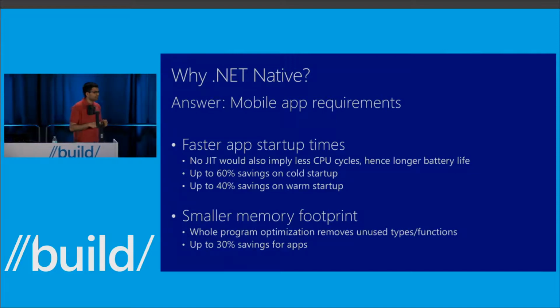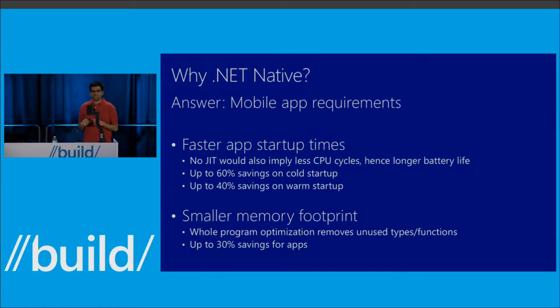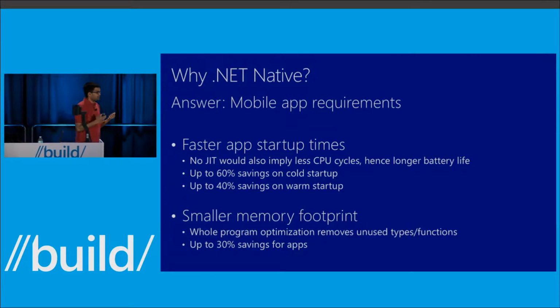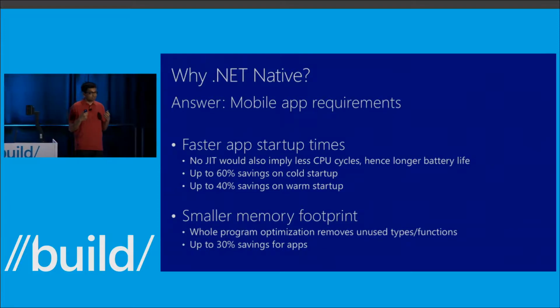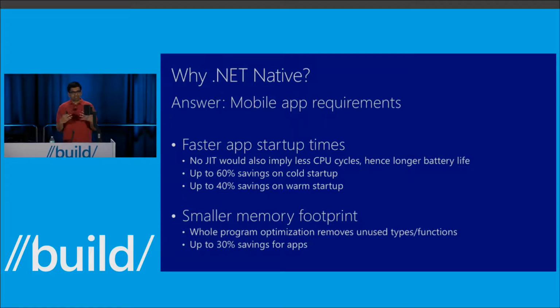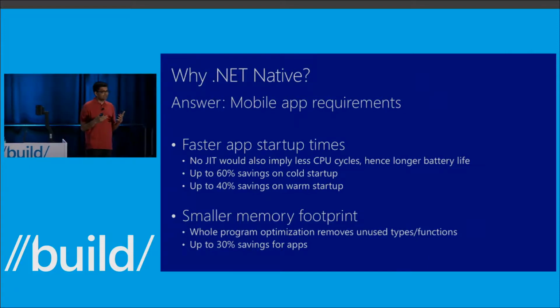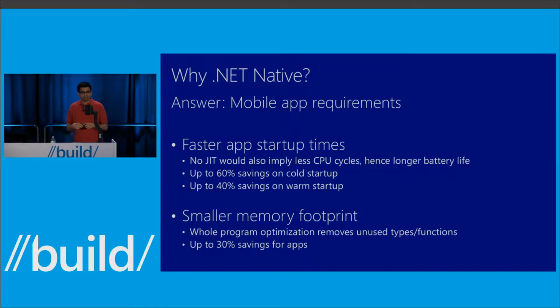The users of your application expect something from these apps, and one of them is fast startup time. If your app doesn't start up within a particular duration, take your pick, let's say 500 milliseconds, your user is going to walk away. And so with .NET Native, we have the technology, and we're bringing it to you, to help improve startup times with hopefully very little work on your end.